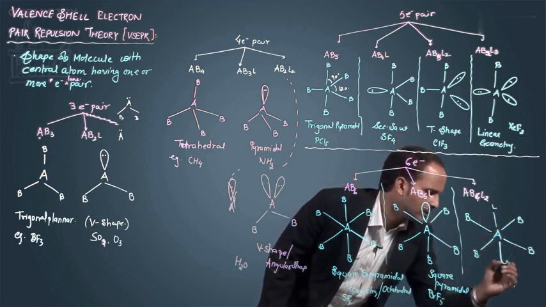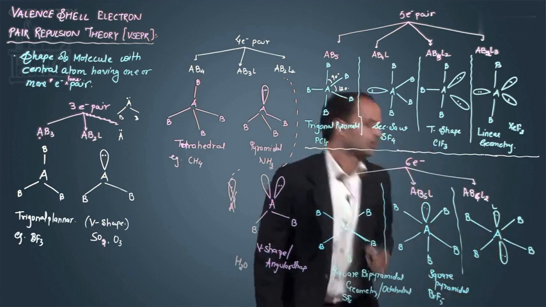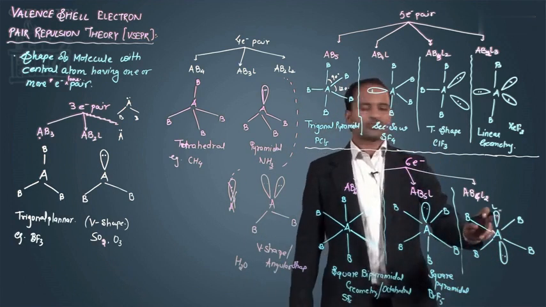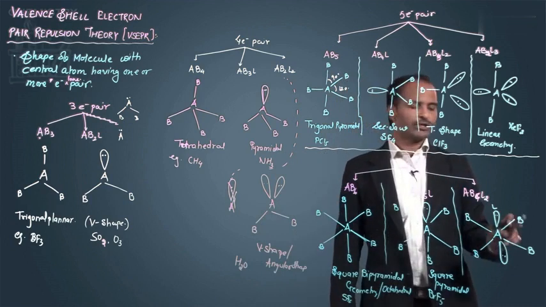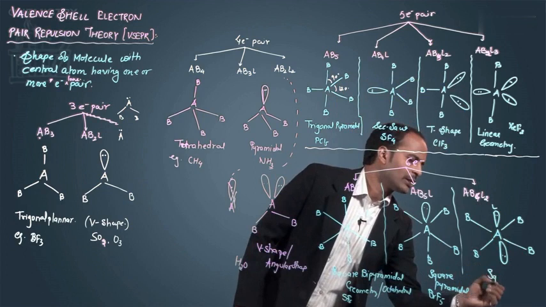So now on both sides there is a lone pair. So we are having only a square, that means square planar geometry. This is called square planar geometry.